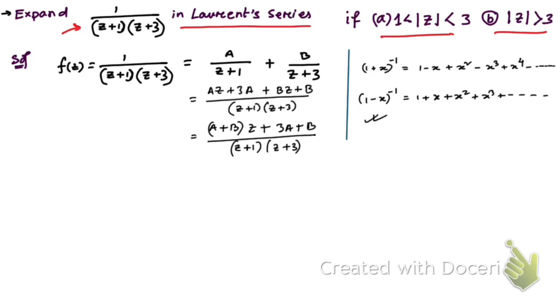Now if you compare both the left hand and right hand side, the numerator can be written as 0 into z plus 1, we can assume that way. Then comparing the coefficients, a plus b must be equal to 0. We don't have to show all these things.